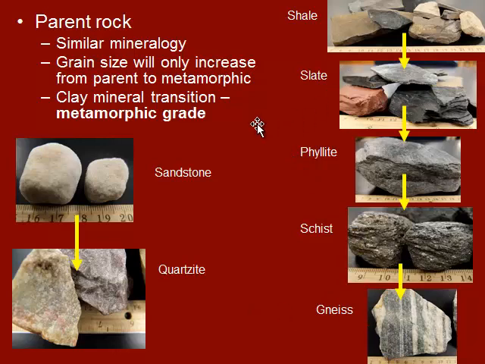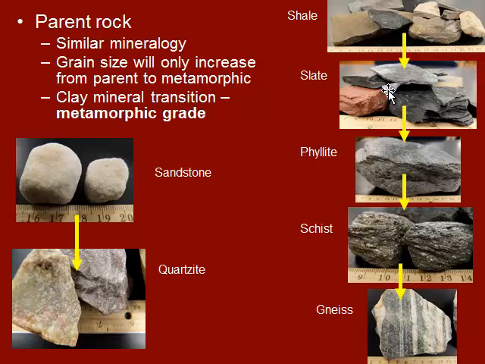Well, what happens is we start with a shale. So we start with a rock that has just purely clay minerals. And as we slowly increase the heat and the pressure on that shale, those clay minerals start to rearrange themselves. We start to break some bonds, form new ones, and we get slate.